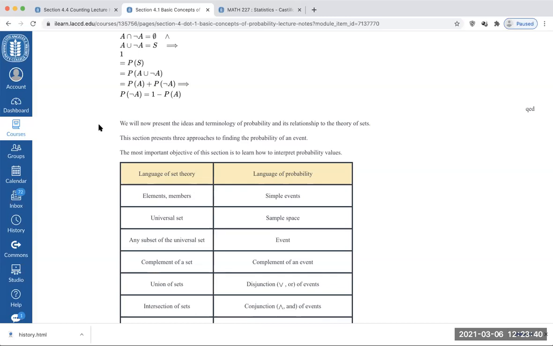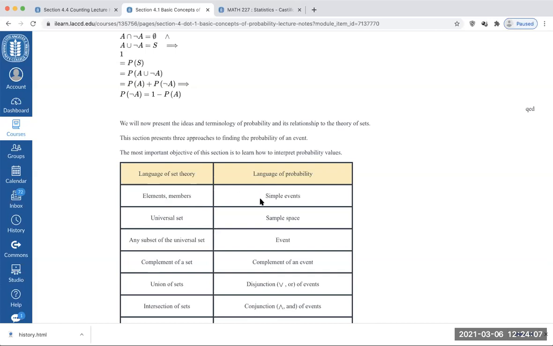Every book from grade 7 and above always started with set theory in the first chapter or two. So what you did in grades 7, 8, 9, 10, 11, 12, let's translate that into a new language, probability.